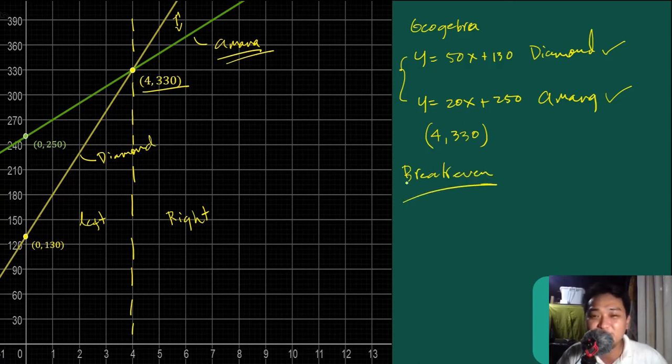Malaki yung gamit nitong break-even na to. In dealing with charges, cost, charges, even comparing cost of merchandise, yan po.